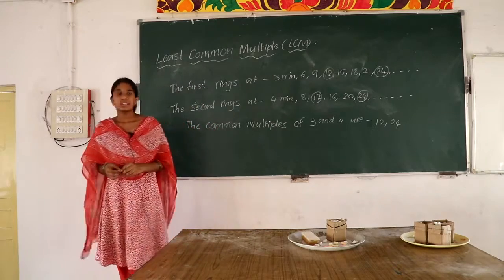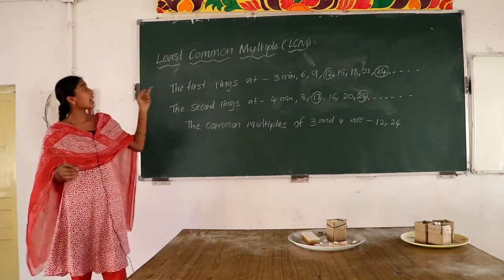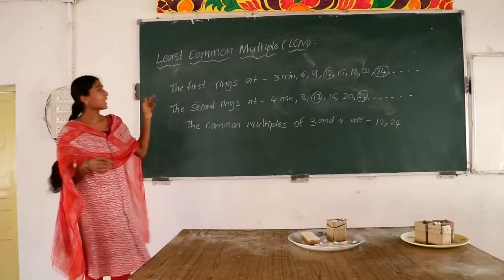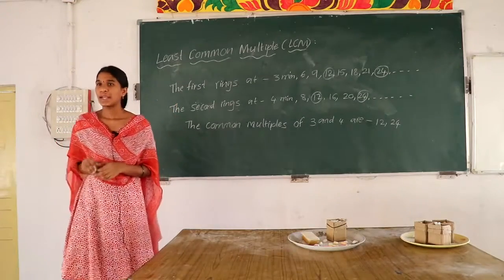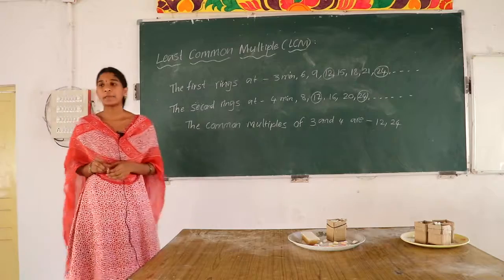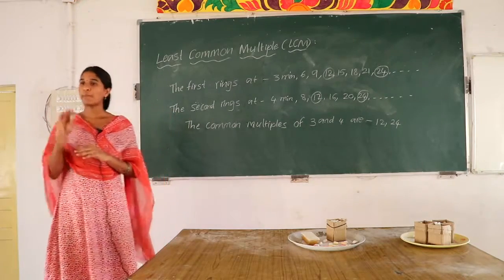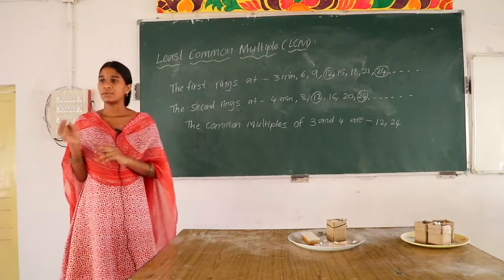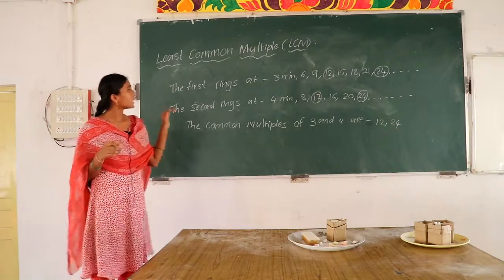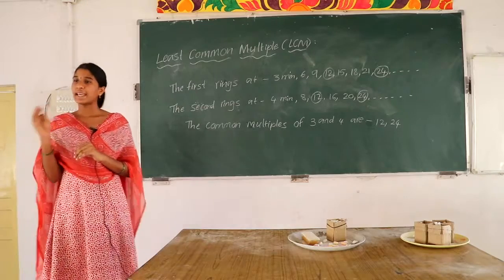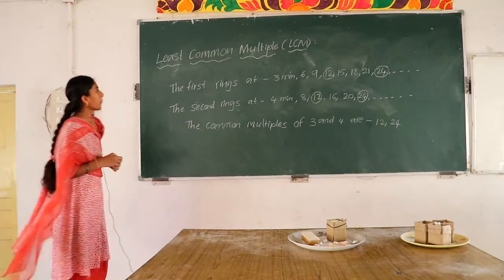We say the definition of the least common multiple. The least common multiple of two or more given numbers is the least of their common multiples.